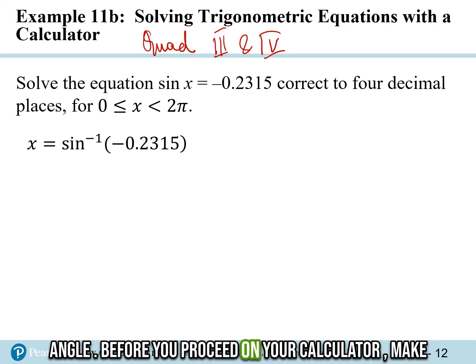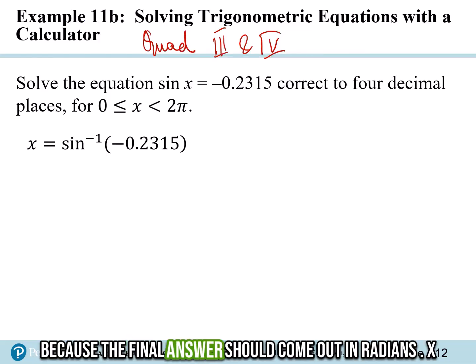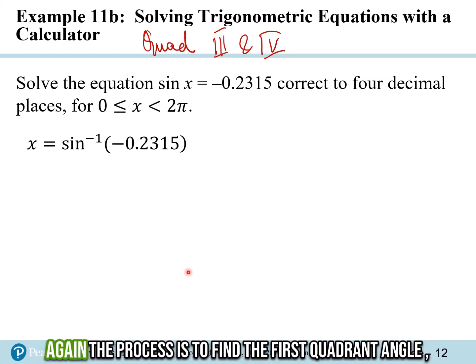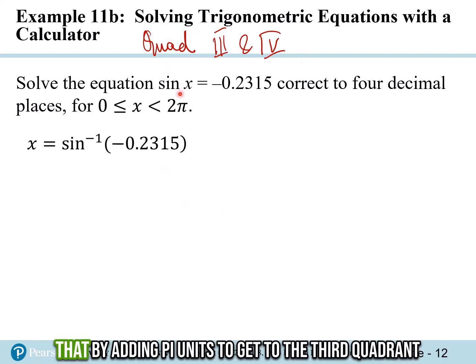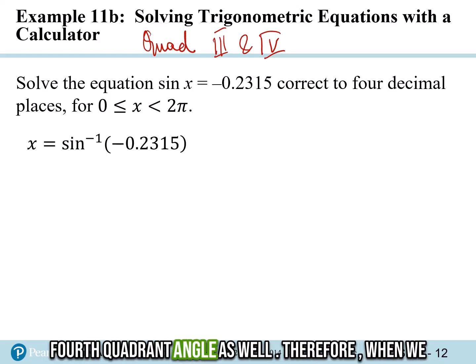Before you proceed on your calculator, make sure that the calculator is set to the radian mode, because the final answer should come out in radians. X would be an angle measure in radians. All right. So again, the process is to find the first quadrant angle, which will have a positive ratio, and then we'll convert that by adding pi units to get to the third quadrant angle, and then again similar way we will find the fourth quadrant angle as well.